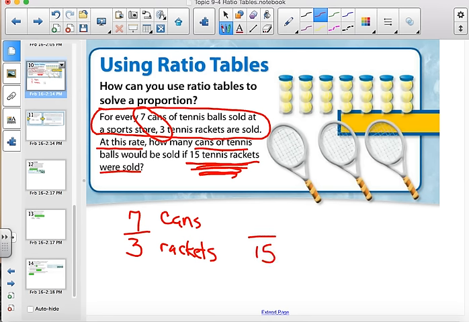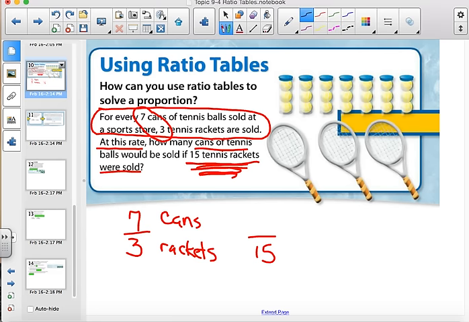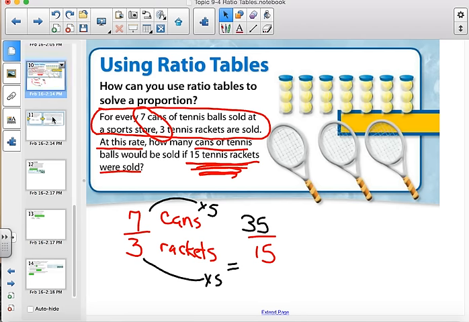What we don't know is how many cans of tennis balls we're going to have. Mathematically, if you simply multiply by 5, you get 15. We do that to both terms, and it tells us that we need 35 cans of tennis balls. But we want to take a look at that using tables.